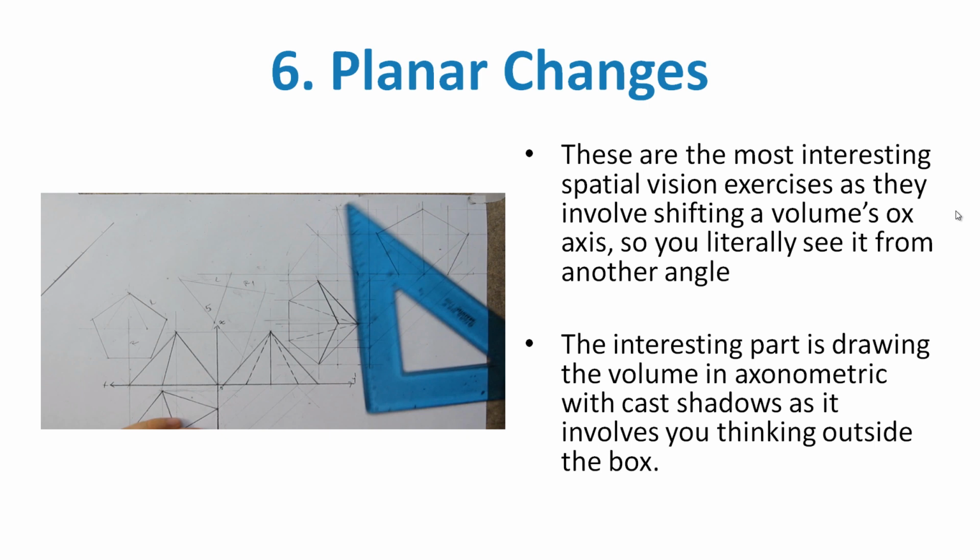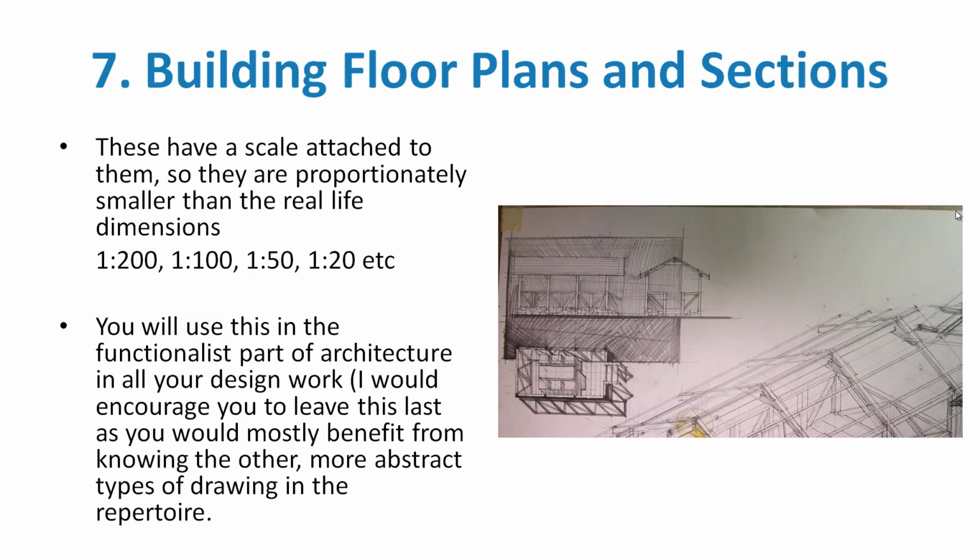You take it from one position and you put it into a specific position where one of the sides of the pyramid becomes a horizontal plane, and then you basically create the shape itself. Again, you can draw this in axonometric with cast shadows. It's going to make for a very interesting exercise.